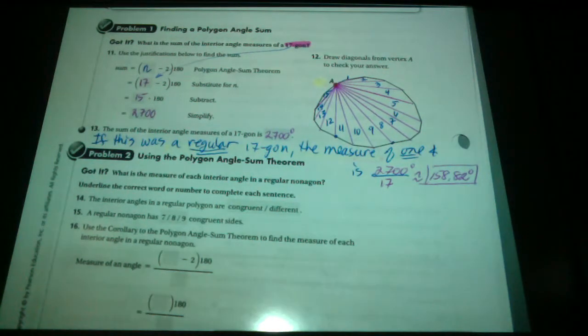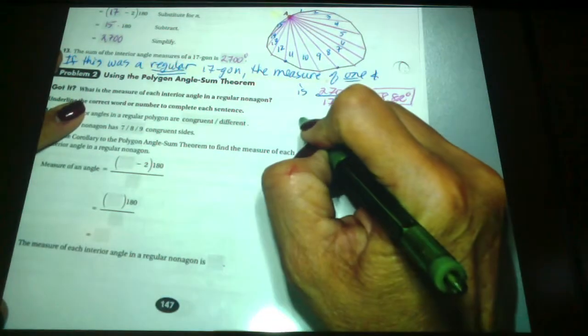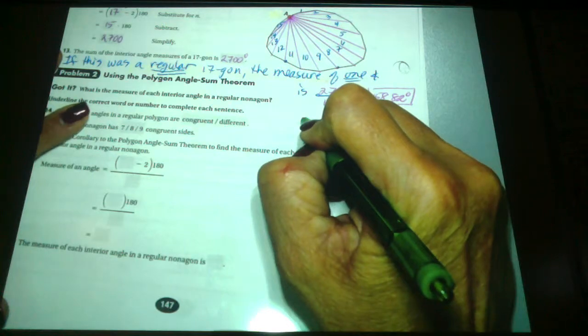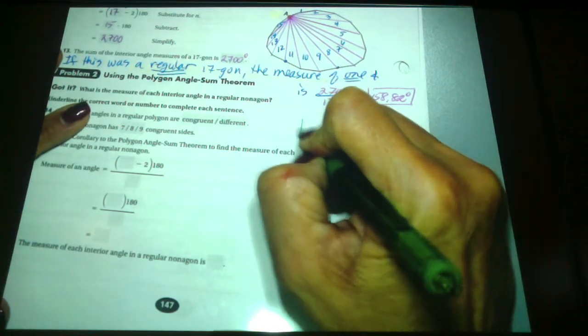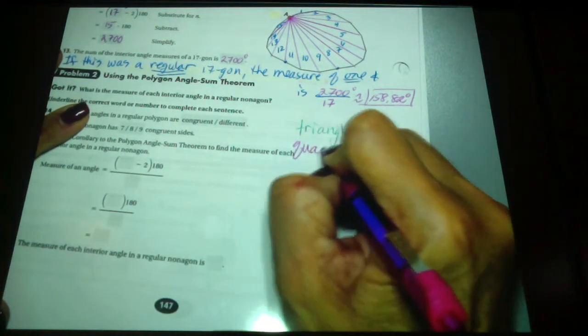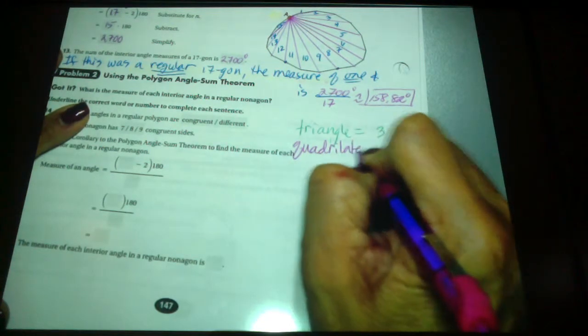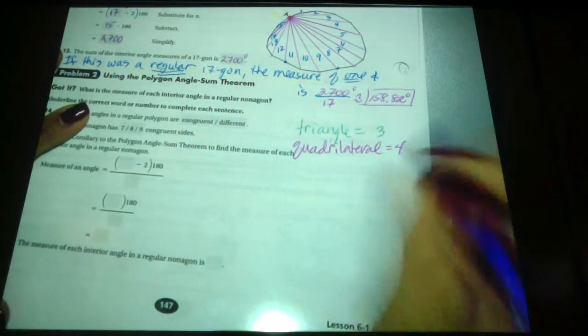Well, it'd be handy if we wrote out all the different names for our polygons over here. So our smallest polygon is a what? Triangle. So a triangle has 3 sides. Then we just discussed a quadrilateral, which is 4 sides.